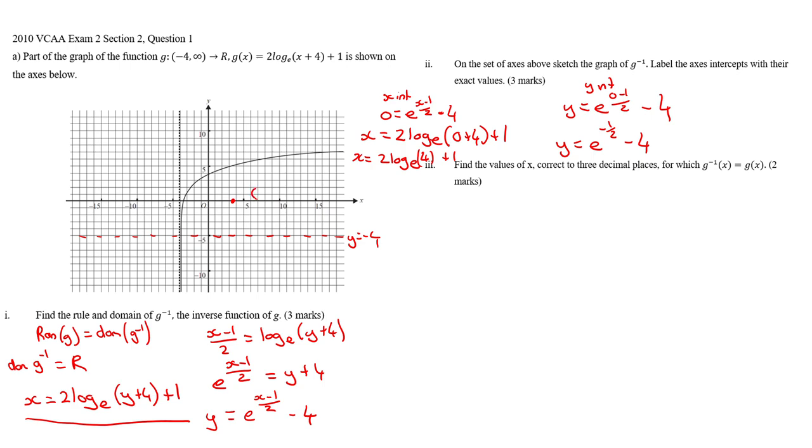Put a dot there, but I will label it with the exact value of (2 log base e 4 plus 1, 0). And the y-intercept is about -3.3. But I'll again label it as (0, e to the power of -1/2, take away 4). And now I can just draw my graph.